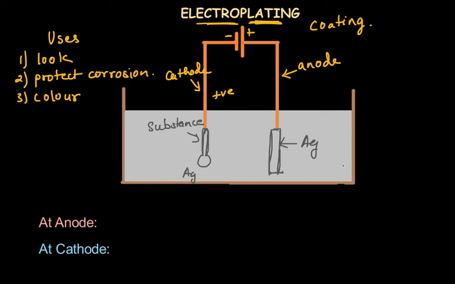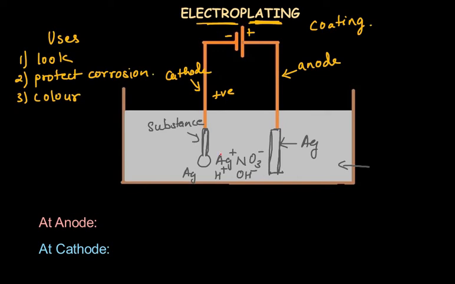The electrolyte should contain a silver salt, that is, silver ions should be present in the electrolyte. Any soluble salt of silver, such as silver nitrate, will do and can be used as the electrolyte.